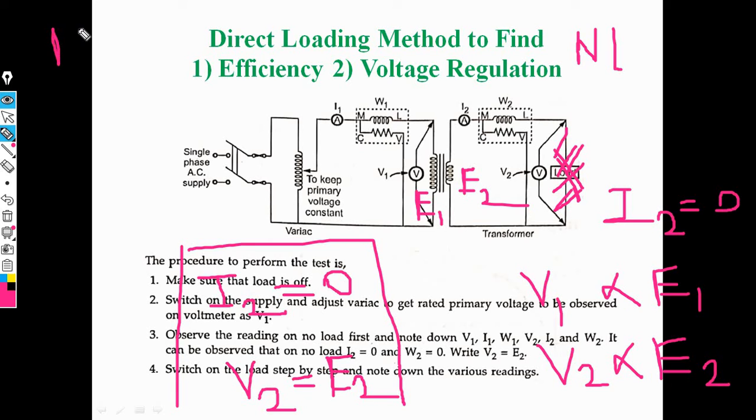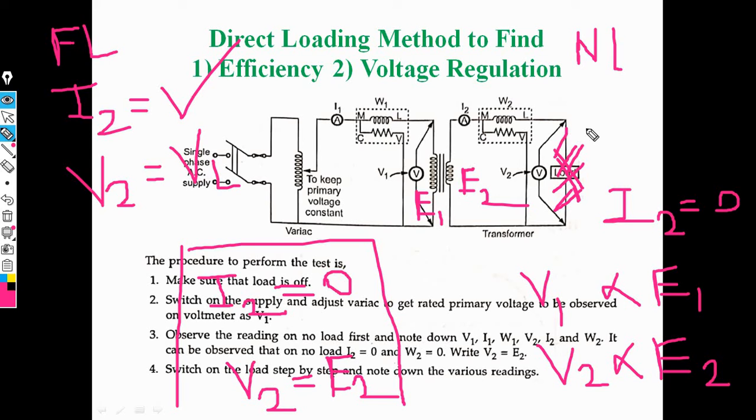Then in full load condition, I2 value is present. This I2 is always present because load is connected. Then voltage V2 is always the same as the load voltage, that is, the voltage across the load. That is called the load voltage.